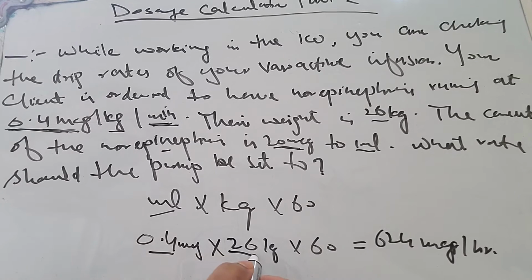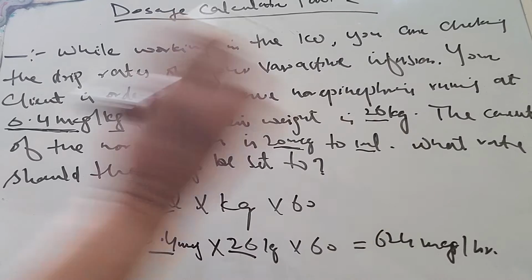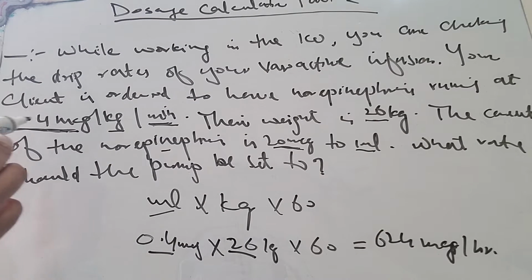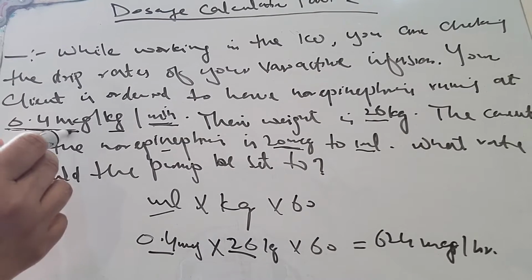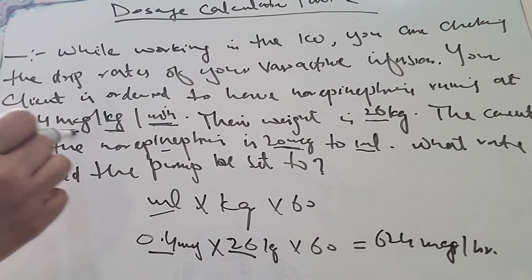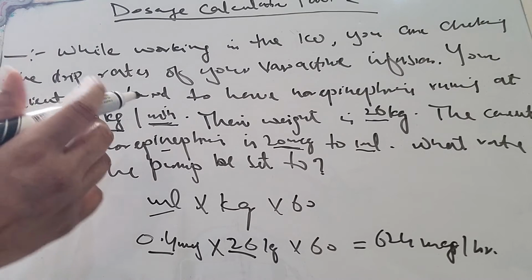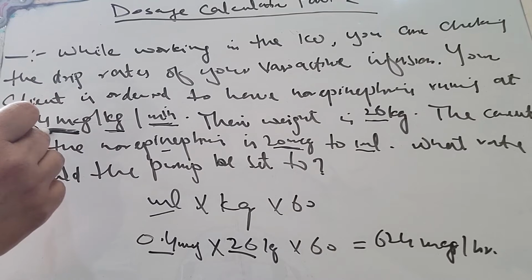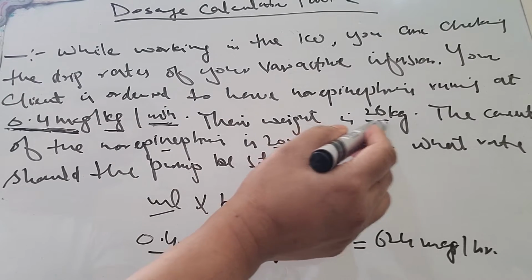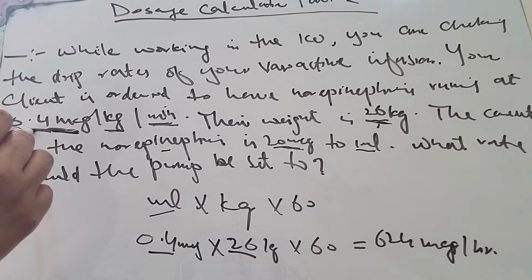We do 0.4 multiply 26 because the patient weight is 26 kg and we will give 0.4 microgram per kg, so always the weight multiplies with the desired dose that the doctor ordered. Per kg is 0.4 microgram, but we will multiply with 26.